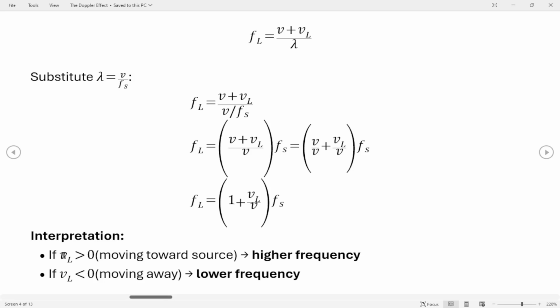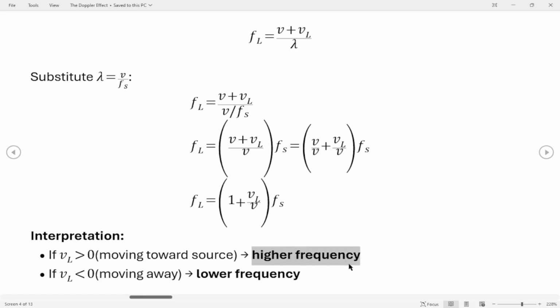So, if the listener is moving towards the source, the wavelength, not the frequency, is being shortened, because the listener is moving towards the sound wave, or at the same time, the sound wave is moving towards the listener. So what will happen is that there will be a higher frequency.